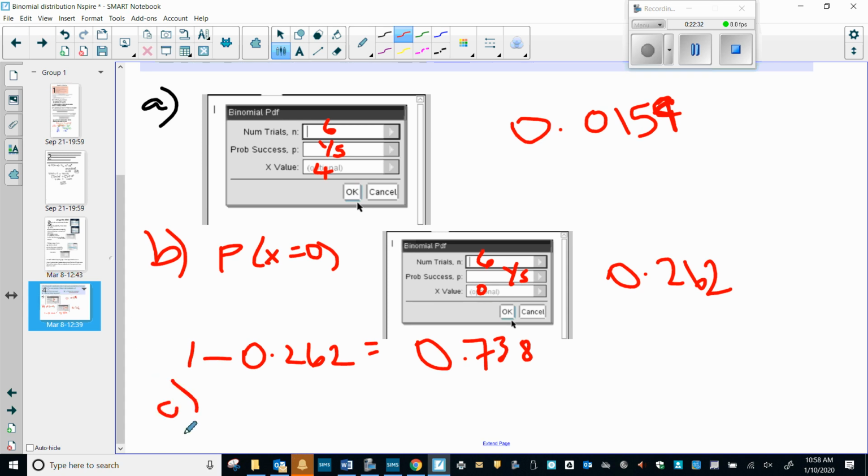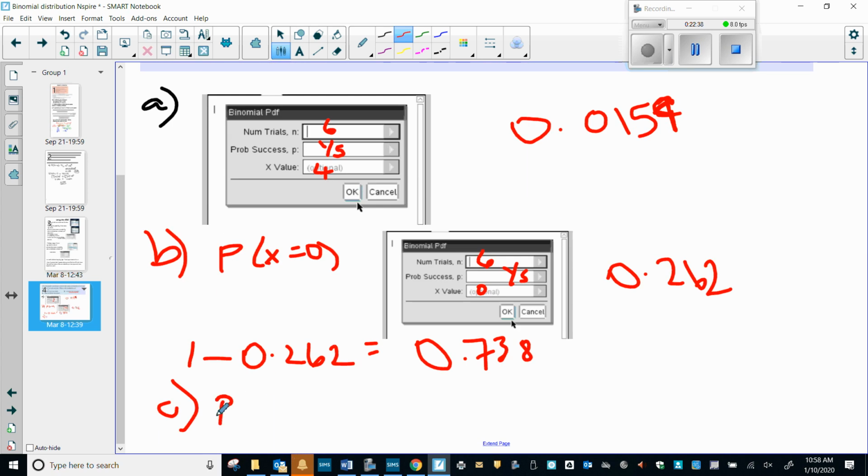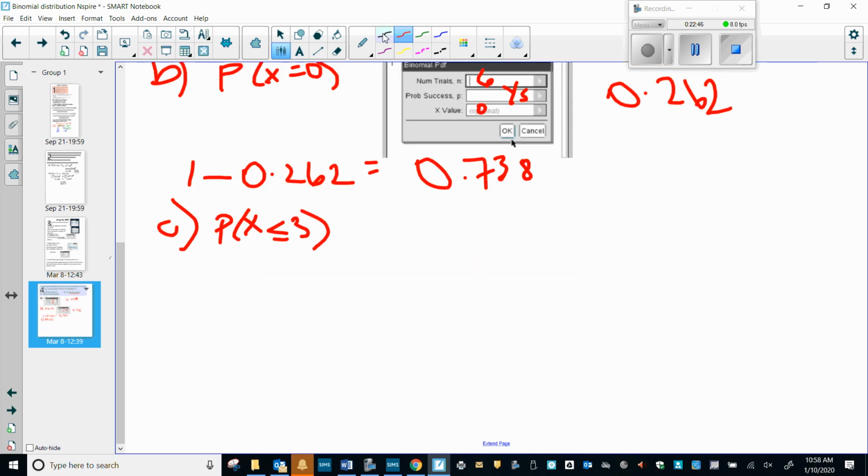And then part C says 3 or fewer. This is just a straightforward x less than or equal to 3. So this time we're going to the CDF.